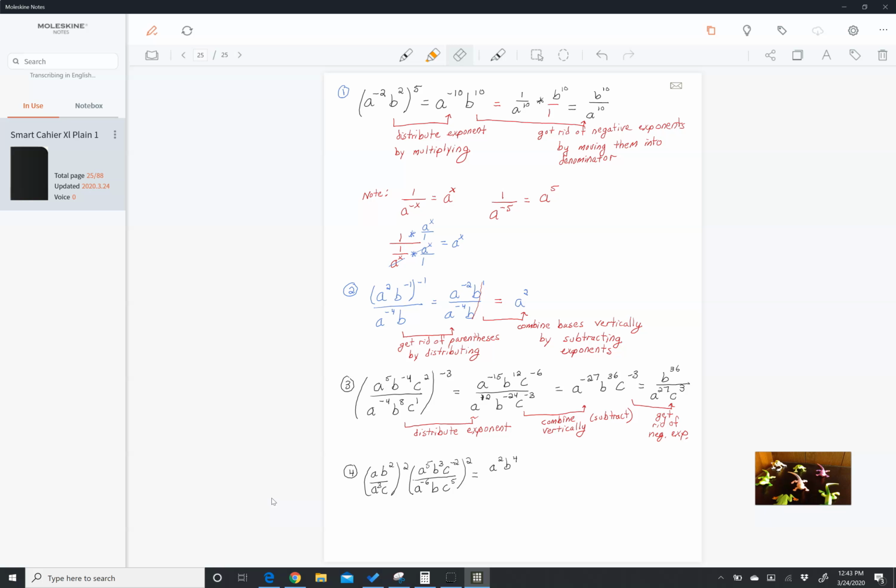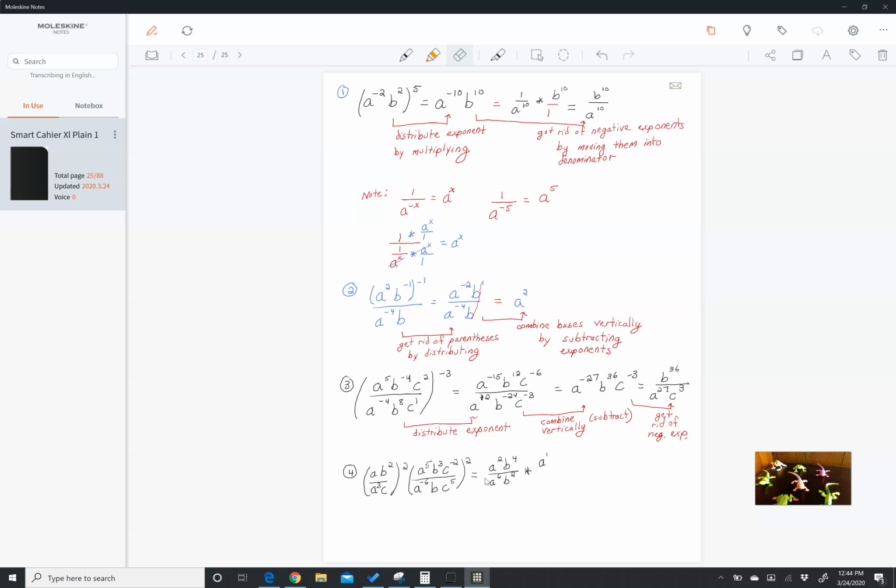Be careful here, one mistake will follow you through. Then we have a to the 6th, b squared. Notice we're multiplying exponents. Now here, because we're getting rid of this and it's all multiplying, we can actually just do this all in one nice long thing. So I'm going to put a times here, but eventually what you're going to see is that a line is just going to go through it because it's one fraction.